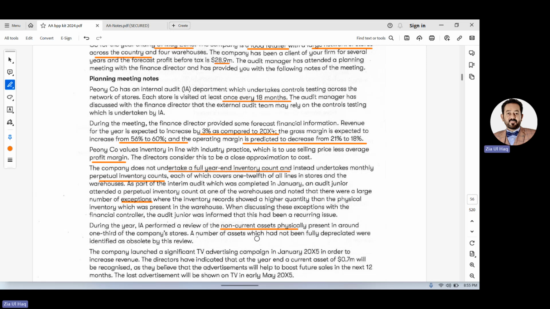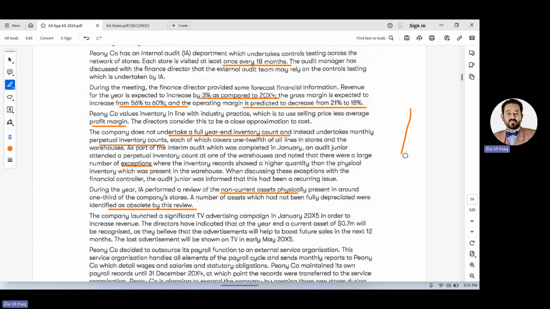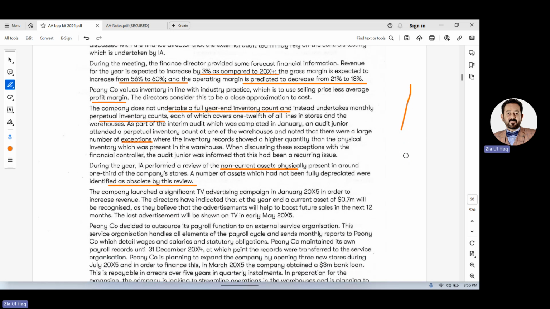A number of assets which had been fully depreciated were identified as obsolete by the reviewer. Some assets are fully depreciated but obsolete, meaning not working properly. So there are chances assets could be overstated if depreciation is not properly recorded or if they are not present physically.